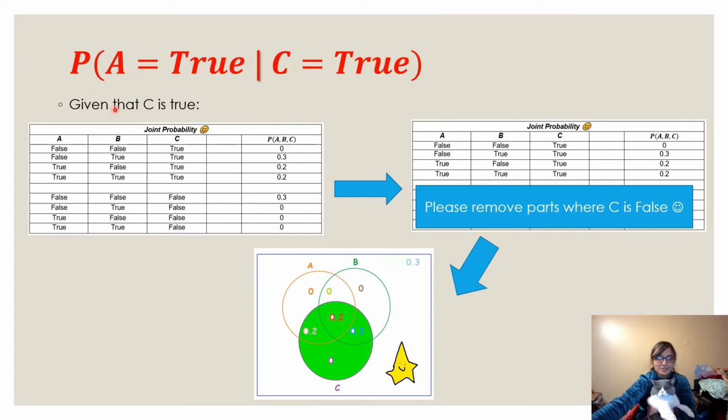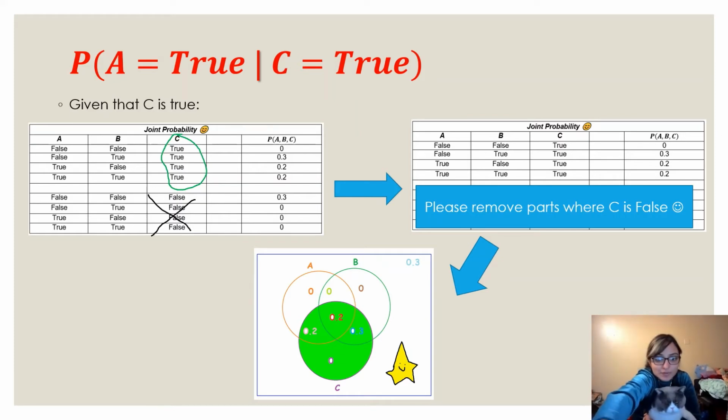If we want to look at where C is true, essentially we're trying to look at the regions where C is true. Given that, what's the probability that A will be true? So we look at all these 8 outcomes here, and we just want to begin looking for where C is true. That's going to be in this region here where C is true, and not these other parts here. So we're just going to cross out these outcomes here where C is false.